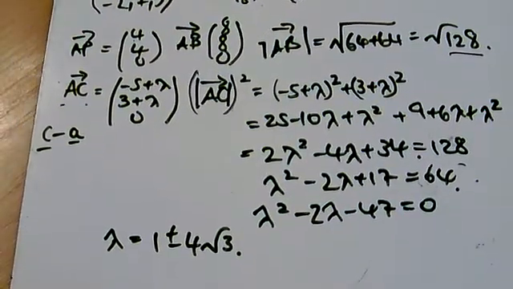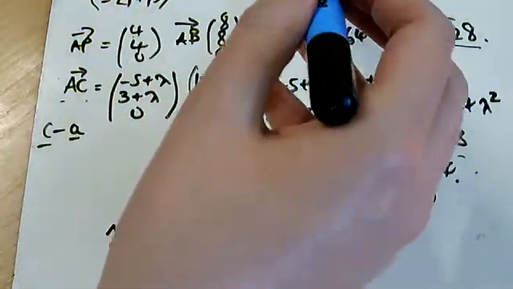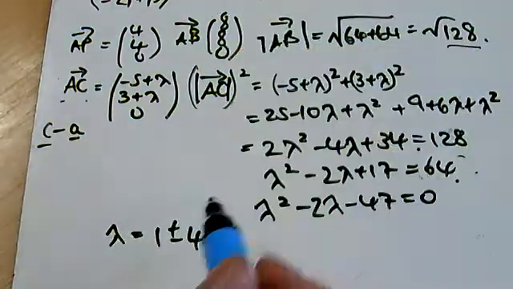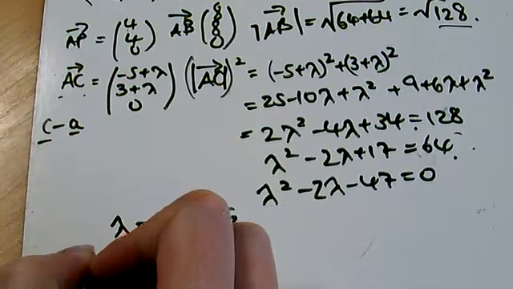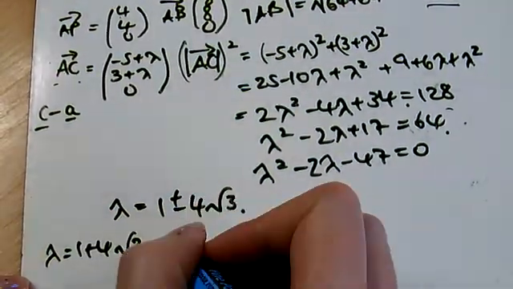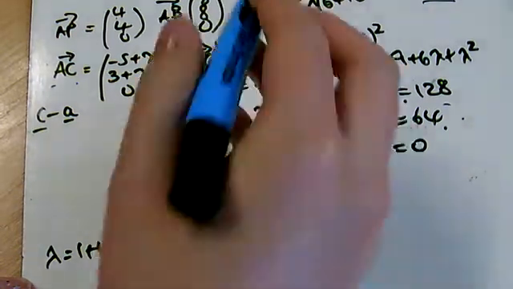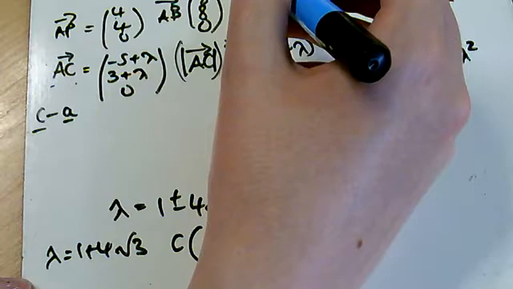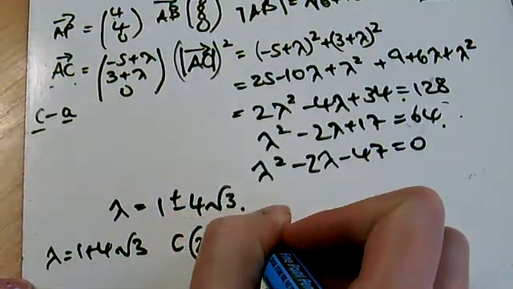Okay. So I need to sub in the two different values for lambda to get the coordinates there. So if lambda is 1 plus 4 root 3, then the coordinate of C is going to be 1 plus 1 lot of this will be 2 plus 4 root 3.